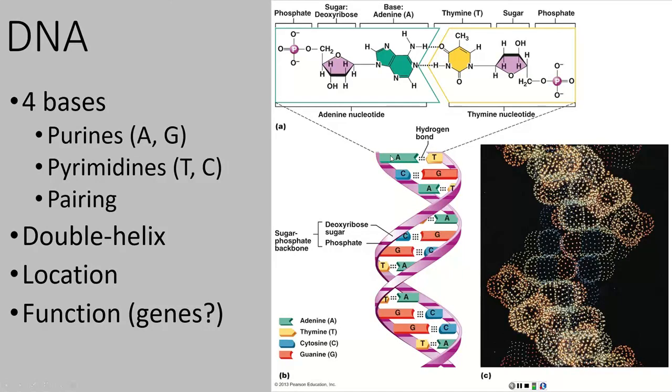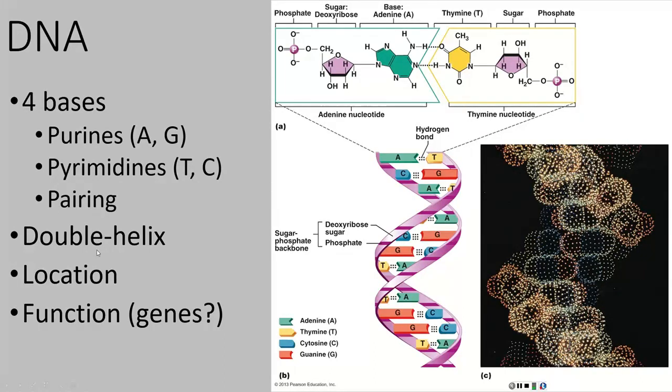So if someone tells me, I found some DNA, and on one side the sequence is A, C, A, G, C, well, you automatically know what the other side of the DNA is, even if you don't have it. The other side is going to be T, G, T, C, G. You can figure it out if you know one side because of base pairing.